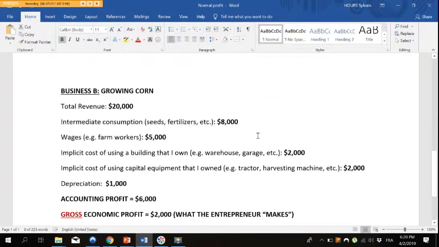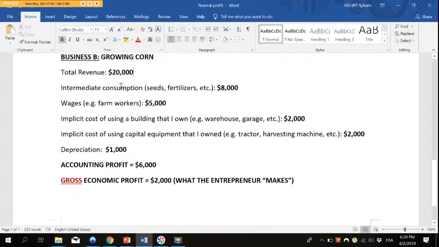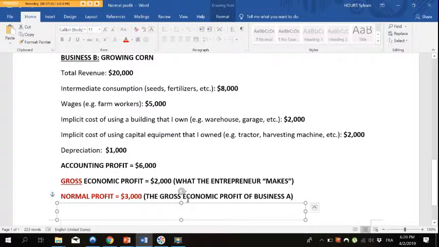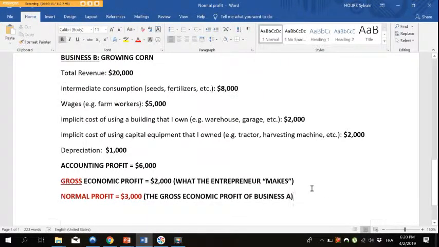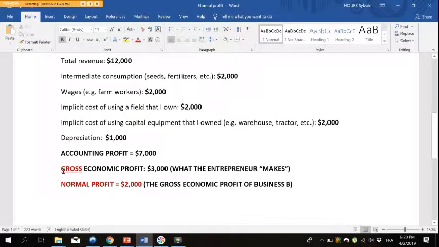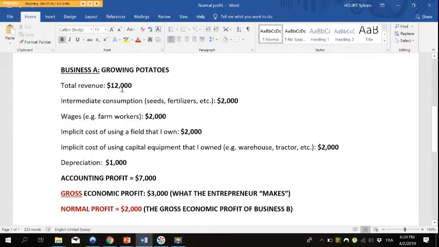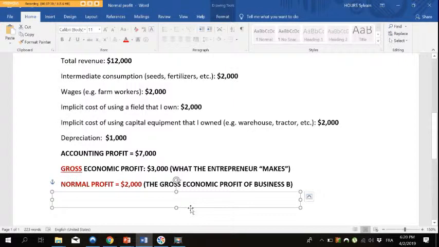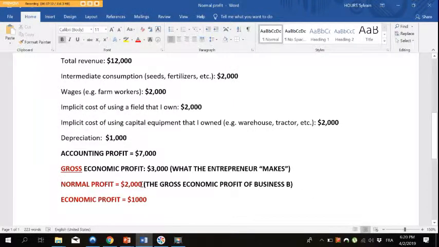So the normal profit when the farmer chooses to grow corn is equal to $3,000, the gross economic profit of business A. So then, now that I have the normal profit, I have the gross economic profit when I grow potatoes. If I subtract the normal profit, then I will get economic profit. Economic profit is the $3,000 minus the normal profit.